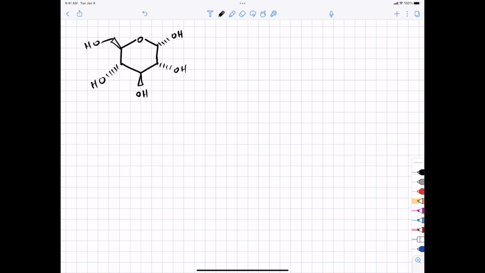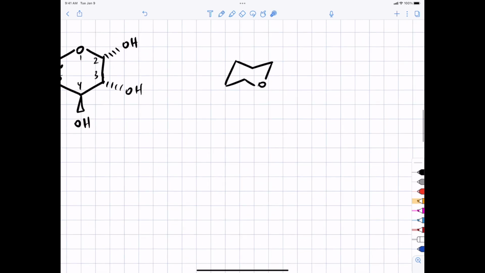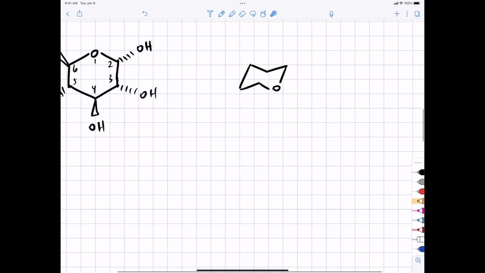Again, the best thing you can do is to number the atoms of the ring, then draw a chair, and we're going to have to choose a place to put the oxygen. I am just going to put the oxygen there in the front. Now the oxygen occupies a spot in this 6-membered ring that used to be a CH2 group, but we're going to assume for the most part that the chair conformation is the same, that replacing the CH2 group with the oxygen doesn't dramatically change things.